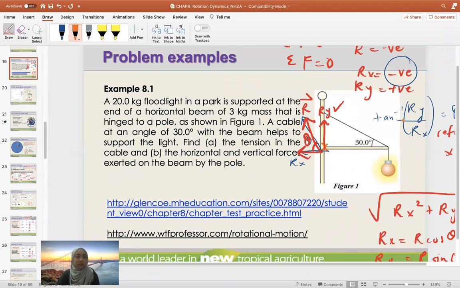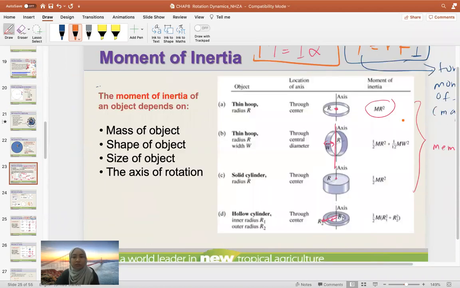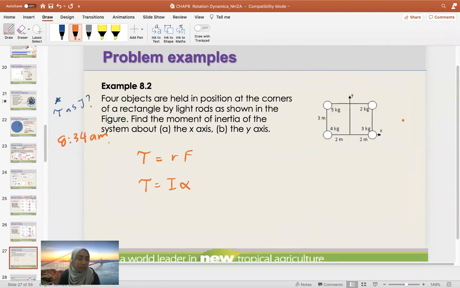So in some cases, they give you the axis of rotation. And in this particular example, they give you the axis of rotation. But sometimes they don't. So your R is dependent on your axis of rotation lah. Either you have to figure it out yourself using a ruler or something, or they tell you where is the axis of rotation. Okay? Memang boleh ada soalan macam tu.